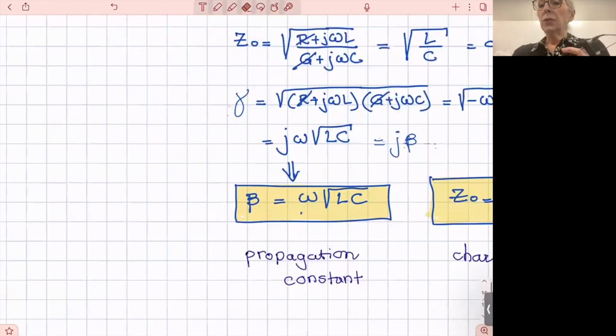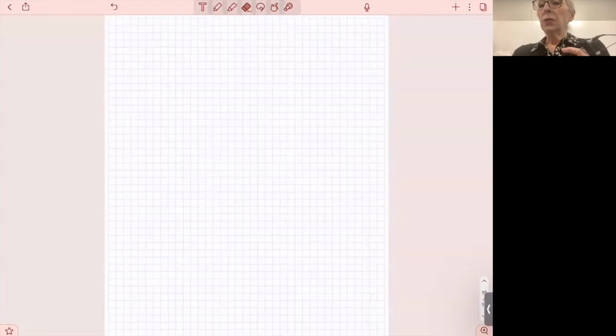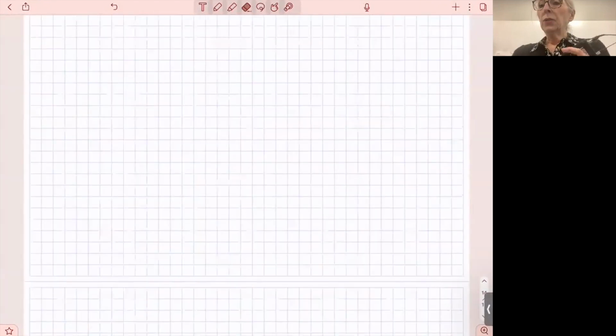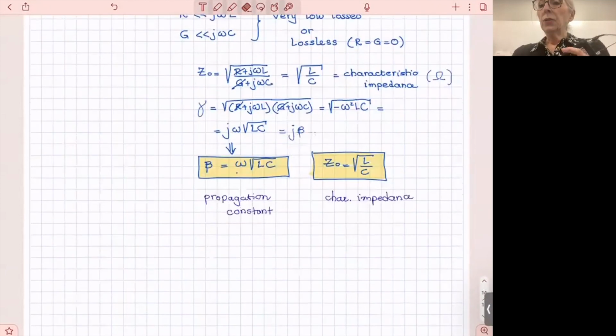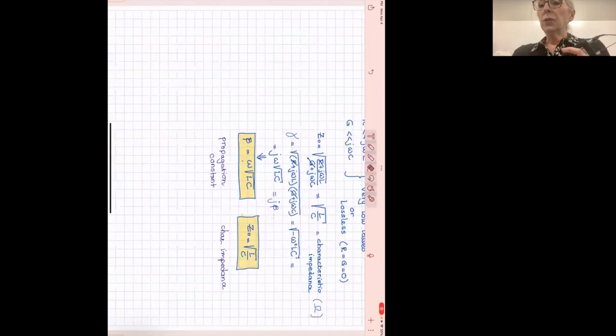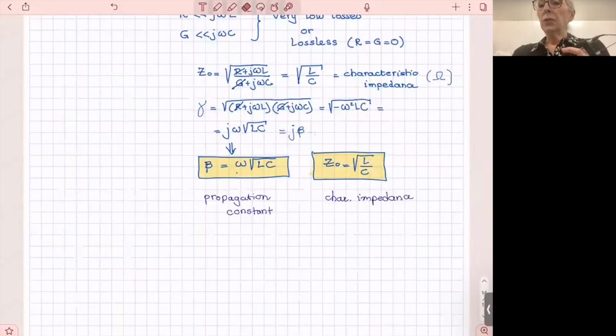So now we found the fundamental properties and the equations of a transmission line. Now I would like to show you an example where we are going to put all of this to practice. How are we going to do that?